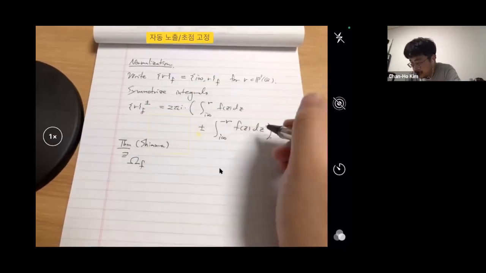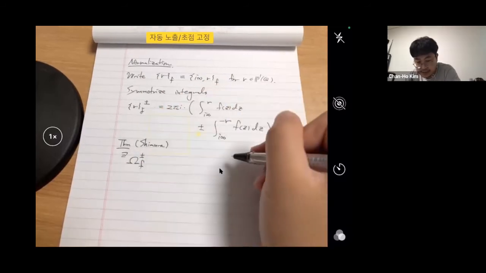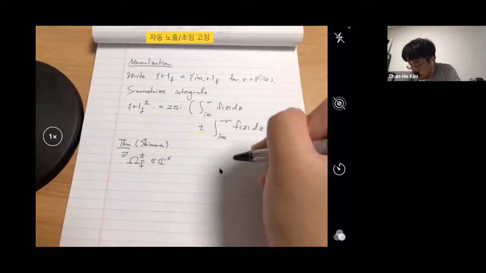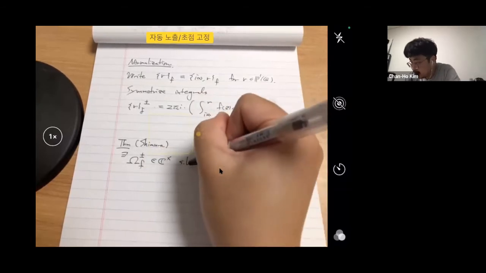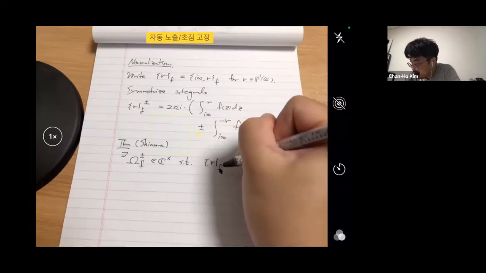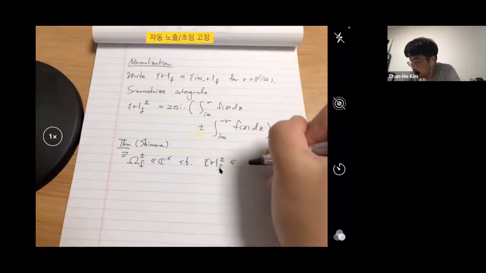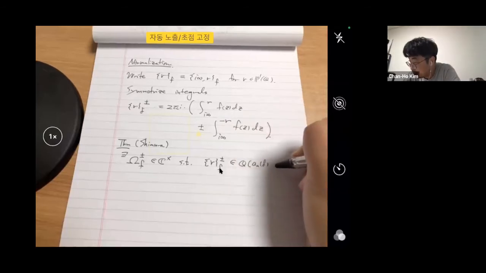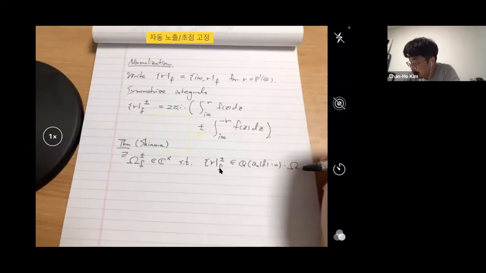Yeah, we already used that. Sorry. This omega_f^± is indeed a non-zero complex number such that this symmetrized integral lies in Q adjoining all the Fourier coefficients. So in the case of an elliptic curve, it's nothing but just Q times this period.